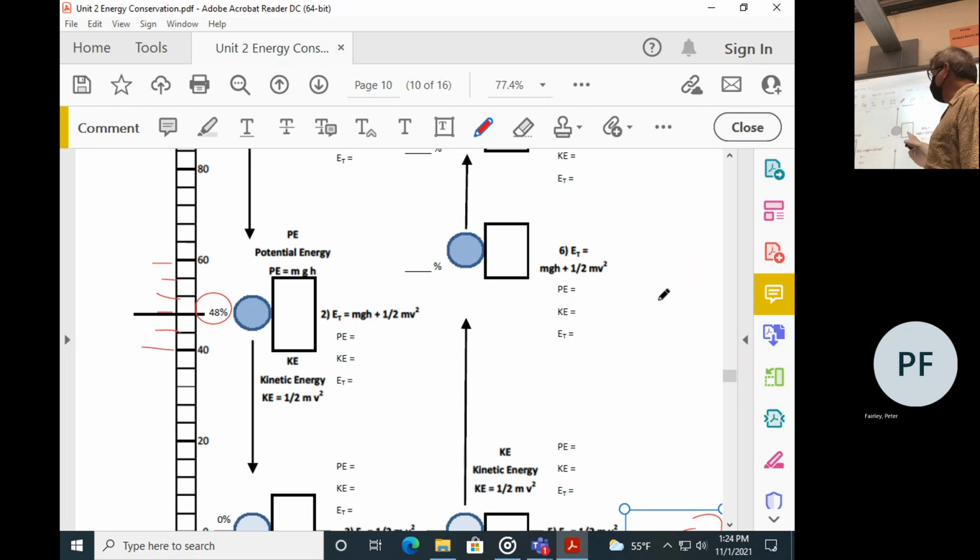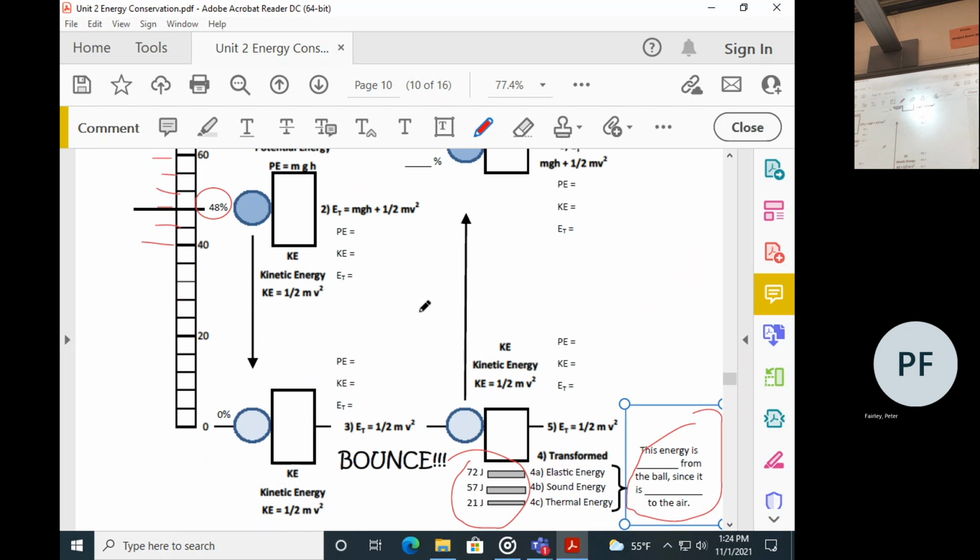Is it still 600 and some for this one? No, because the sound and the heat and the elastic energy were lost, correct? So the total energy for this one should be equal to the kinetic energy of the previous one. The total energy for the bottom one is still the same as it was on the left side when you include the elastic, sound, and thermals.